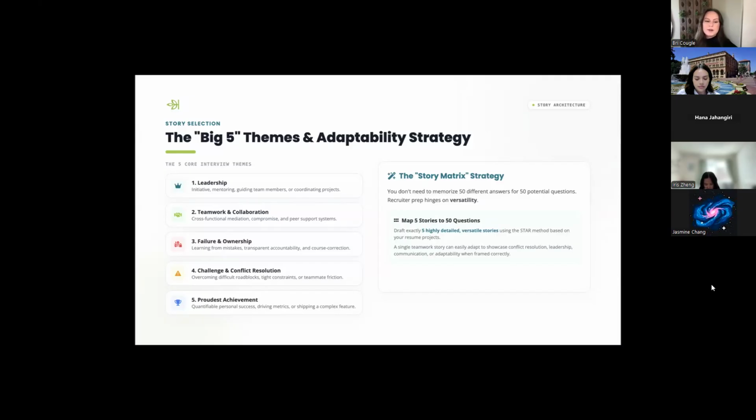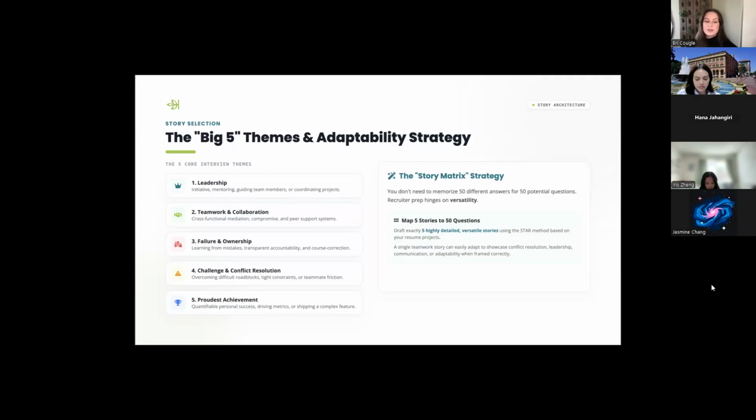So we're looking for leadership skills, your initiative, guiding team members, coordinating projects, and you might even be mentoring individuals in some cases. We are also looking for teamwork and collaboration, so cross-functional mediation, compromise, peer support, failure and ownership.